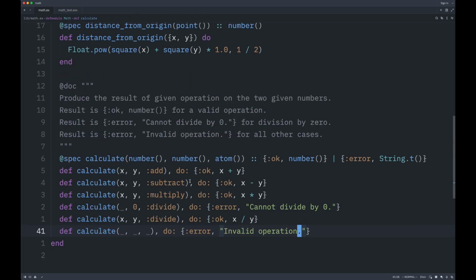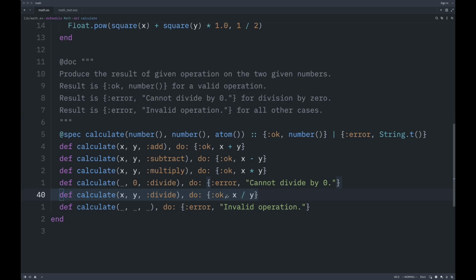So there you have it, your calculate function that takes 3 parameters. The first 2 are numbers and third one is an atom, and it produces a tuple depending on what the situation is. So I hope this is helpful, gives you some idea of how to work with tuples in Elixir.